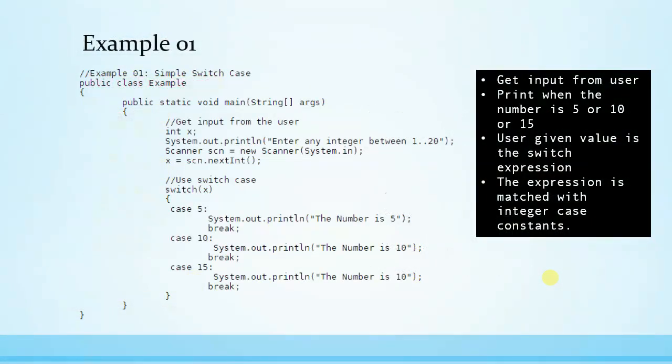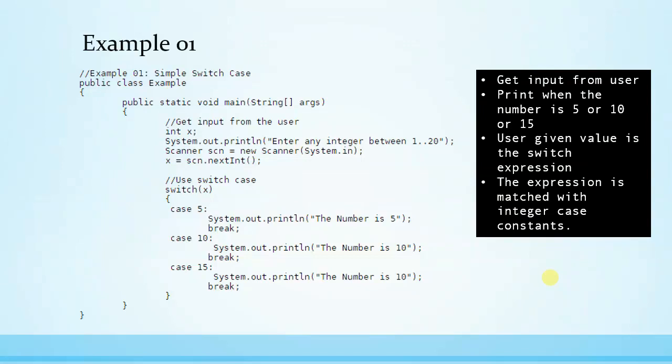Okay, let's see this with an example. Here on the left side we are seeing an example. First we are printing a print line statement in the console window, asking the user to enter a number between 1 to 20. Then we are using the Scanner utility class and passing System.in, the console window stream, as a parameter.